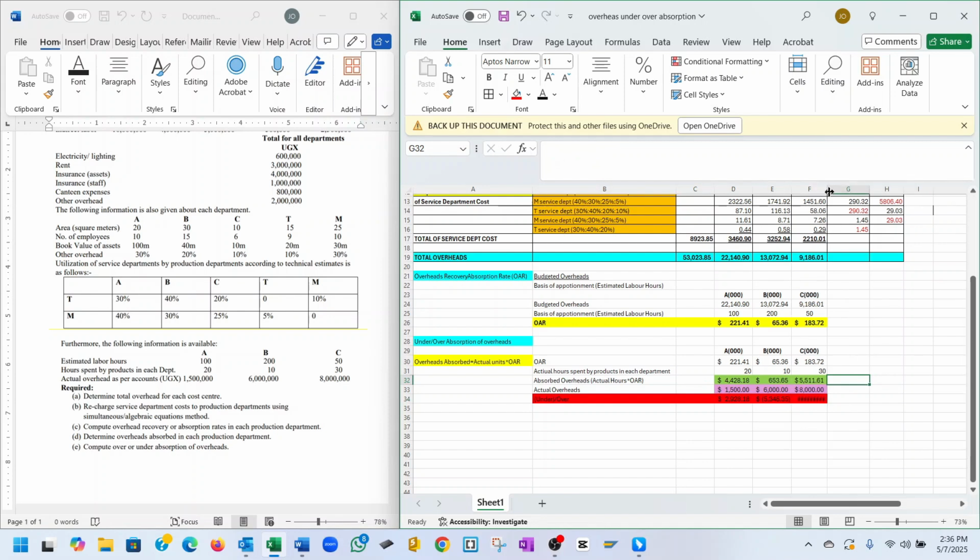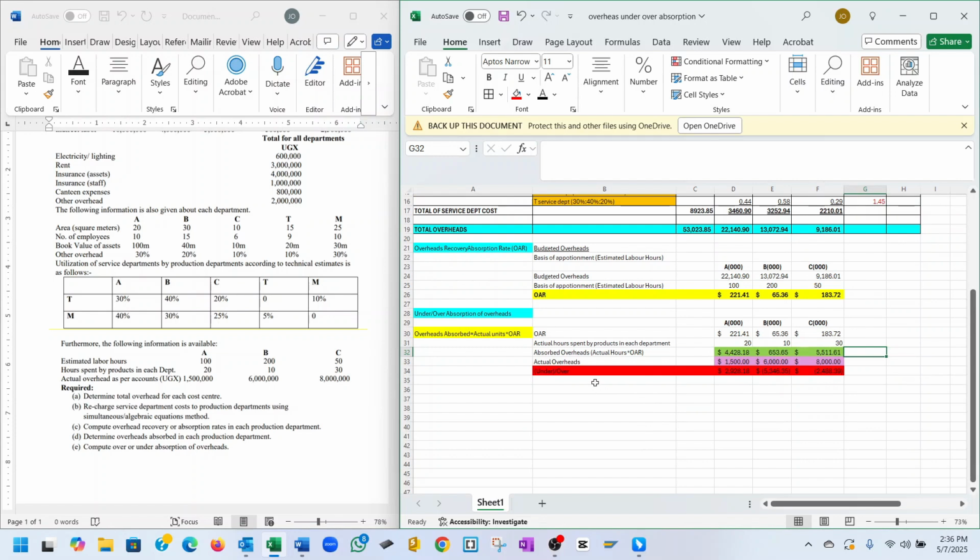When the actual overheads is less than the absorbed overheads, then you get over absorption.